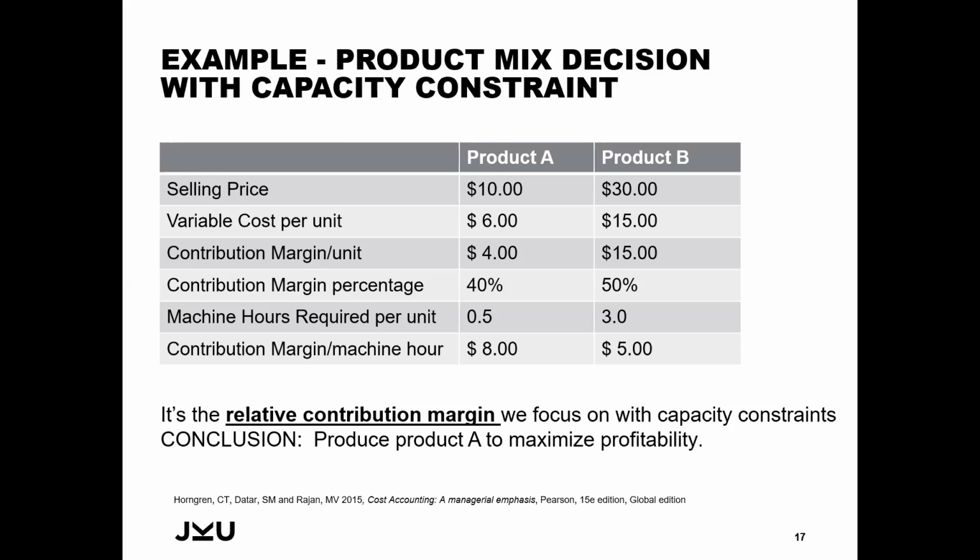However, we can also calculate our contribution margin percentage, 40%, and in this case, 50%. This already shows us that the contribution margin based on the percentage is not that far off. It seems like the $4 are much less than the $15. However, given the percentage, it's already a bit more of a relation, which means it's also questionable how much do we sell in the end.